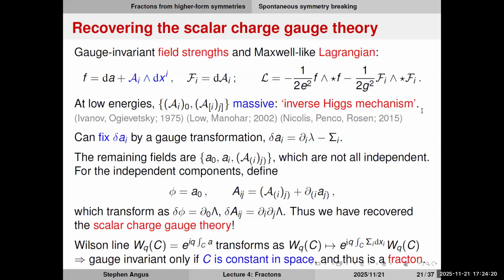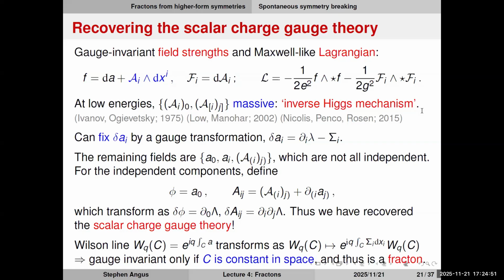And then, in addition, this delta little a_i, the spatial component, can be fixed by a gauge transformation. So at low energies, the remaining physical degrees of freedom are little a_0, and the symmetric part of curly A^i's jth component.